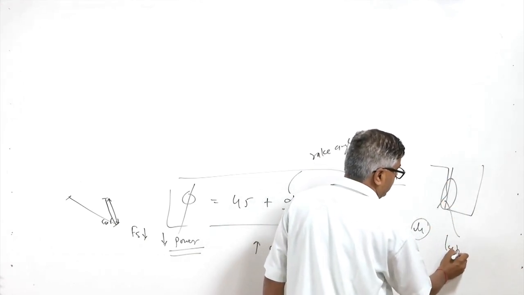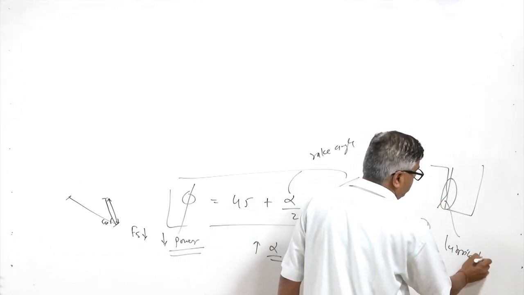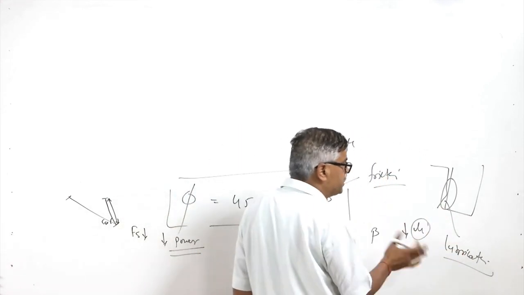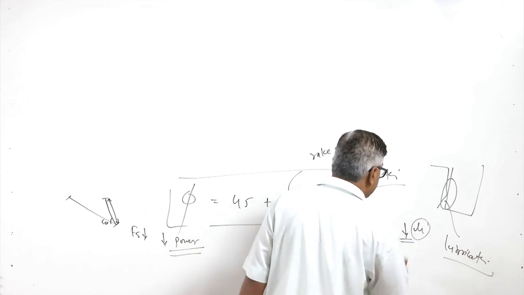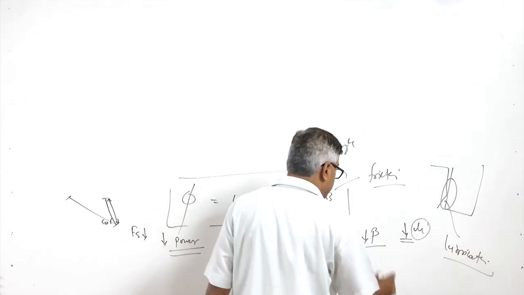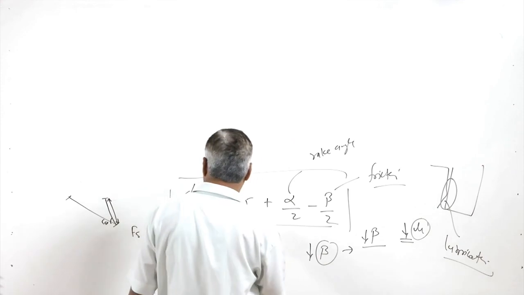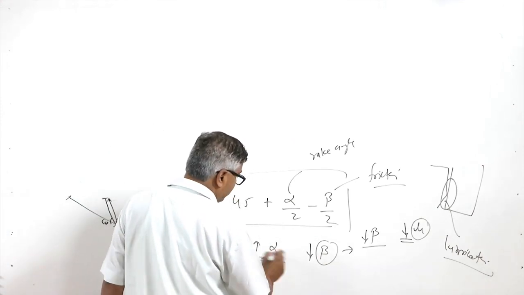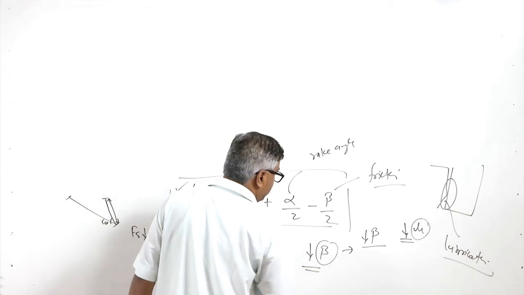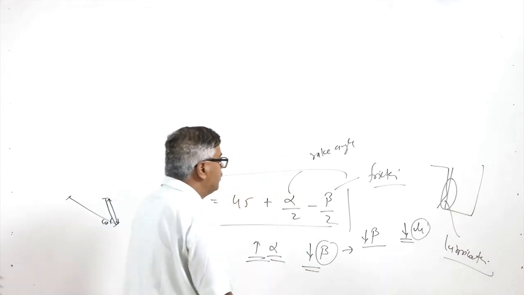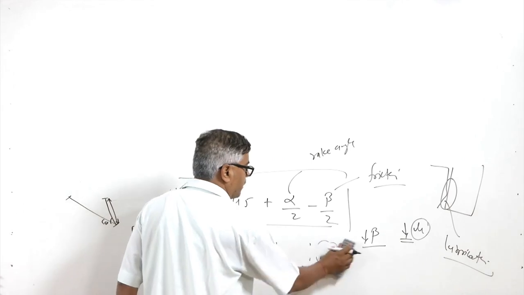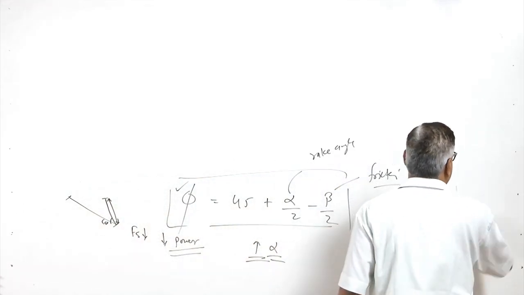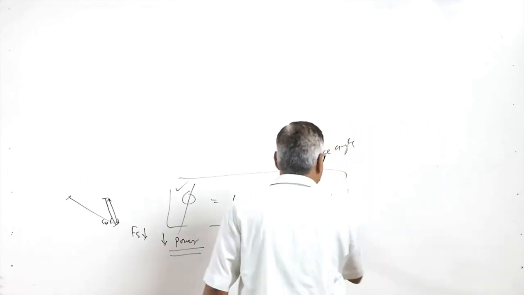Lubrication at the tool chip interface helps to reduce the friction, which in turn reduces beta, and reduction in beta increases phi. So, it is always good to use a higher value of alpha and a lower value of beta by having proper lubrication at the chip tool interface, so that a higher shear plane angle can be achieved.